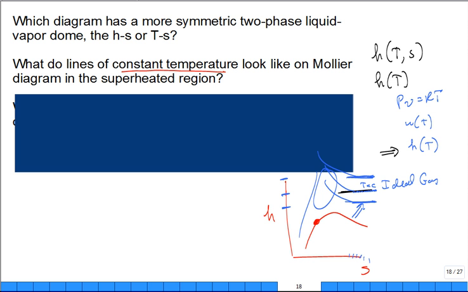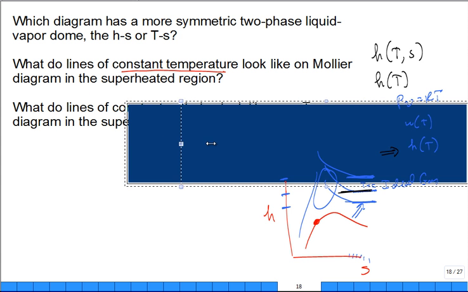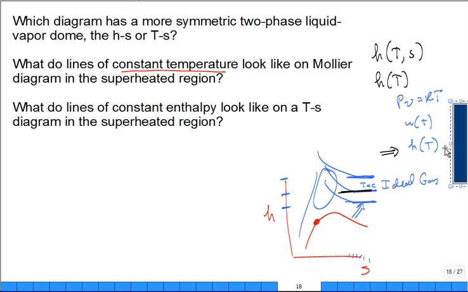What diagram do you think is next? Let me take a look at the next question. So the next question says, what do lines of constant enthalpy look like on a TS diagram in the superheated region? So make our diagram first. Temperature-entropy diagram.